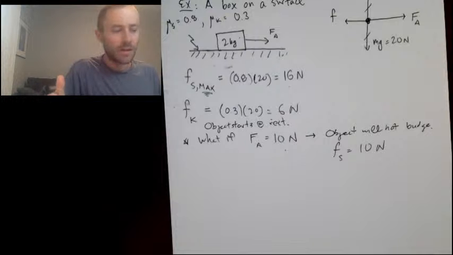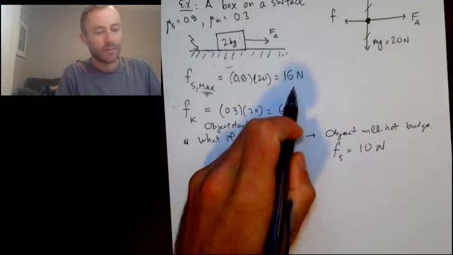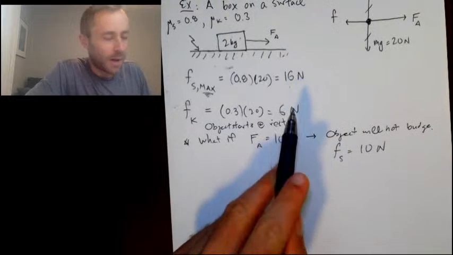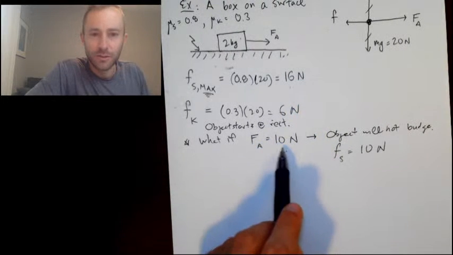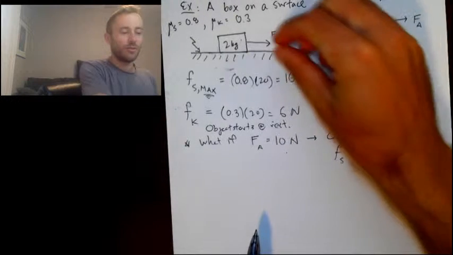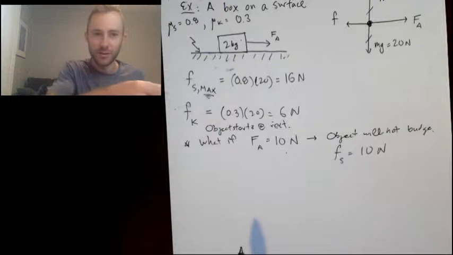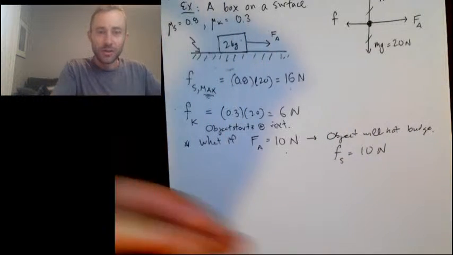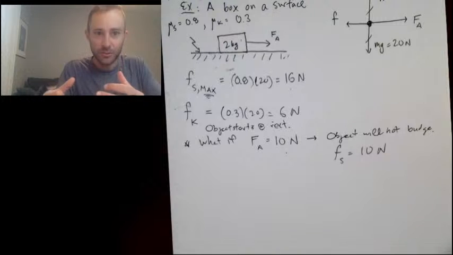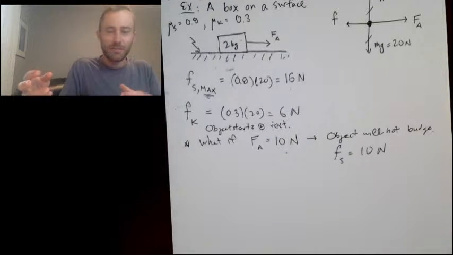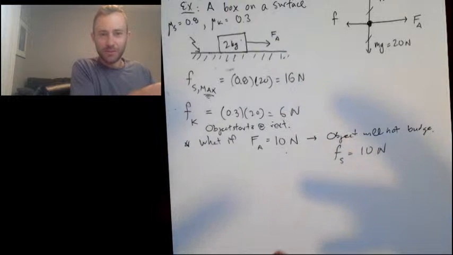It would be absurd if you applied 10 newtons of force and static friction was 16. That would be like you pull on the box with 10 newtons and friction fights it with 16. So there would be a net force of 6 newtons to the left, which would cause the box to accelerate to the left.